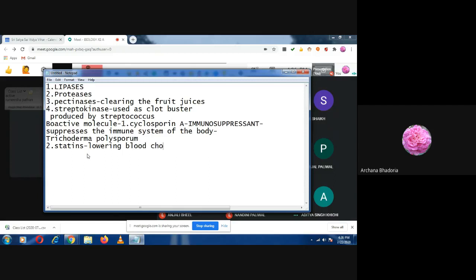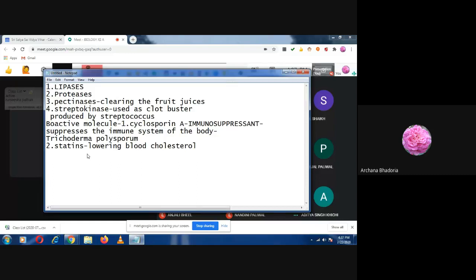Cholesterol is not good. You all know that it starts depositing in the blood vessels and blocks them, and that blocks the blood flow. So statins are given to those people who have higher blood cholesterol, and it will lower the blood cholesterol. So it is a blood cholesterol lowering agent.